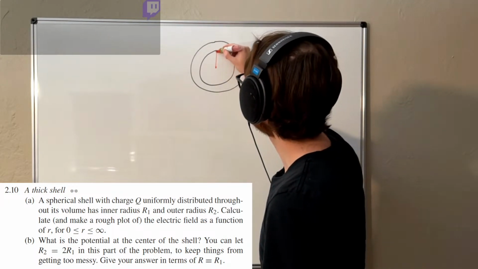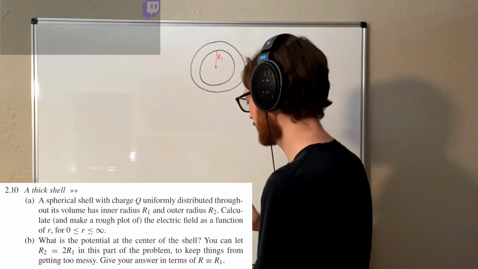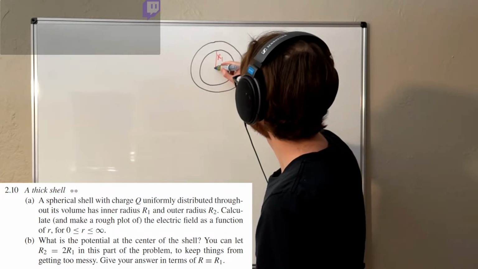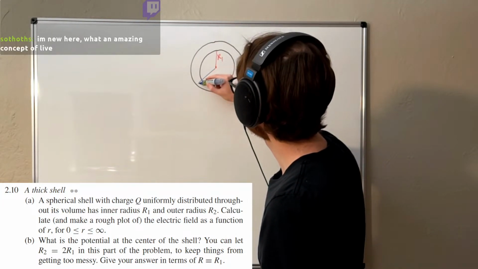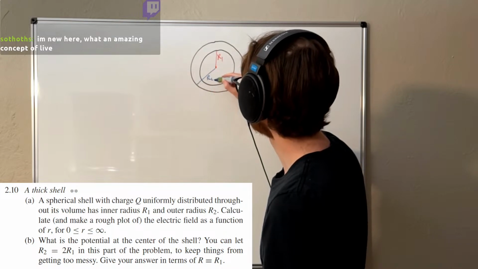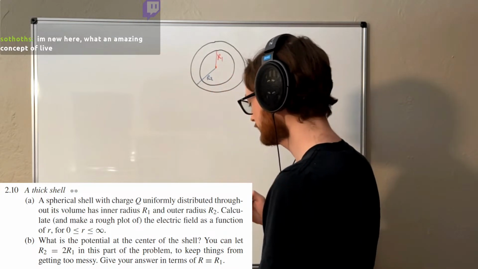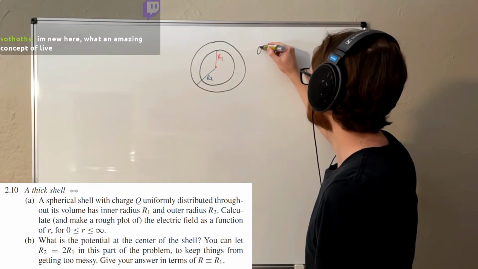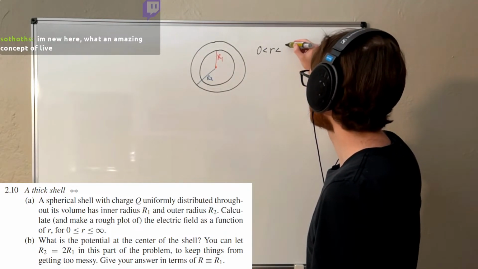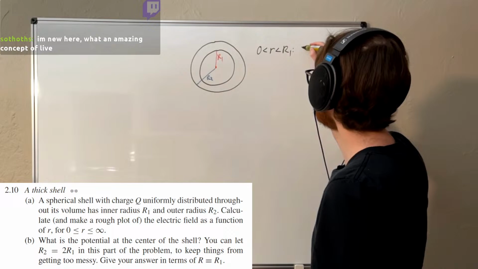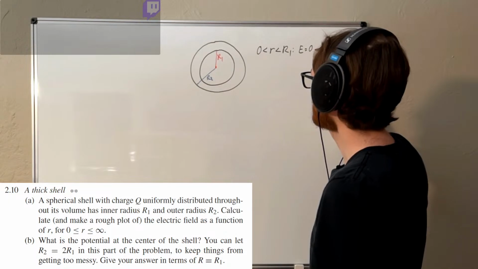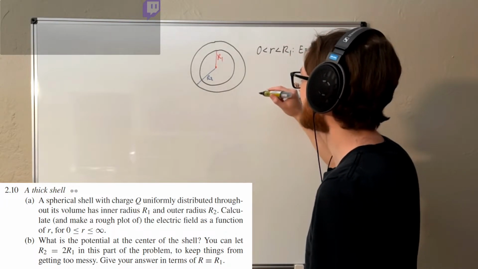So we've got an inner radius, capital R sub 1, an outer radius, capital R sub 2. And I think we can make the claim for 0 less than small r less than big R sub 1, E equals 0. Do we want to make this a vector? I'm not going to care about the vectors, I don't think.